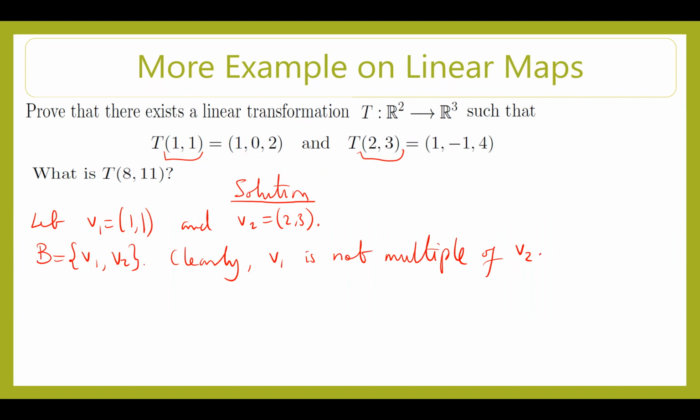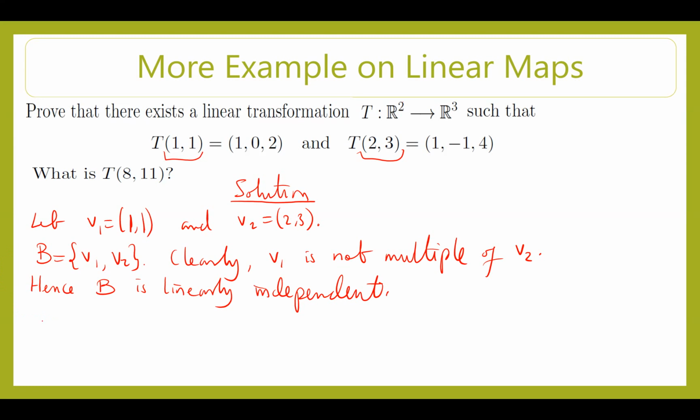That is, there is no scalar that I can multiply with (1, 1) to get (2, 3). No such scalar exists. Hence, that's all you need to defend yourself to say that B is linearly independent.